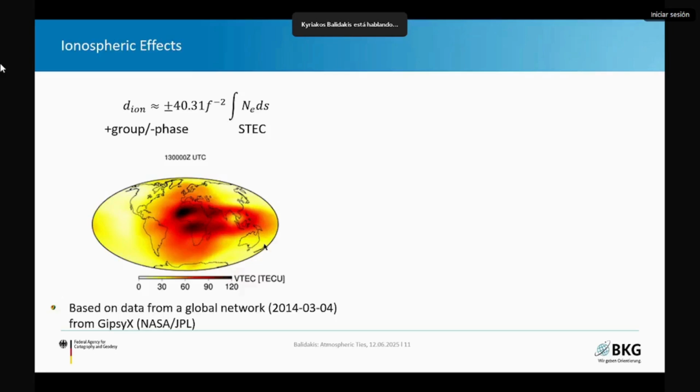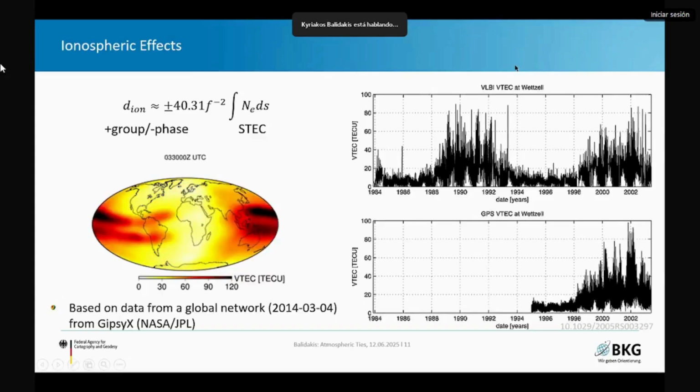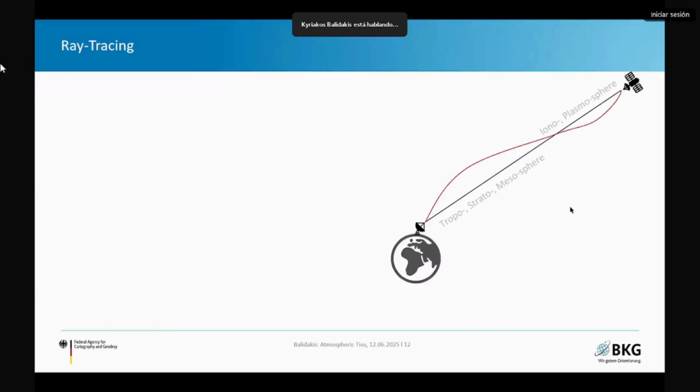And if you take a time series either from VLBI, as you can see in the top panel, or GNSS in the lower panel, this vertical total electron content has some annual variability, and it also has now to understand and do a better job in terms of atmospheric delay calculations for space geodesy.